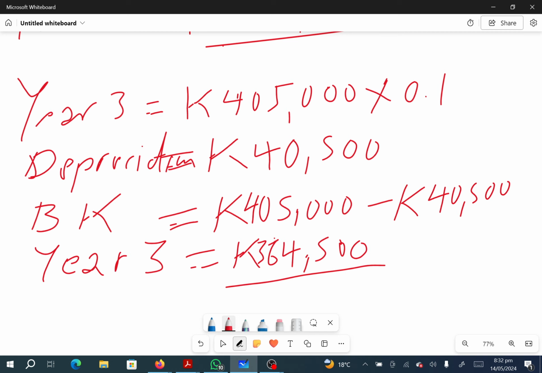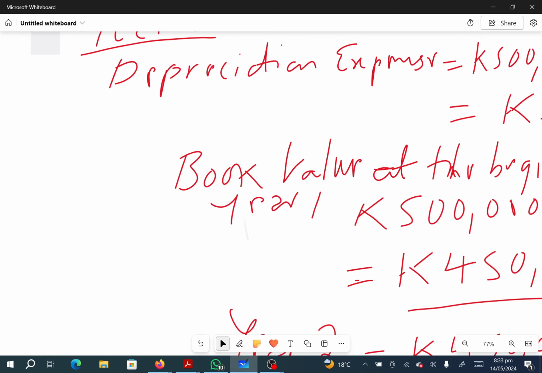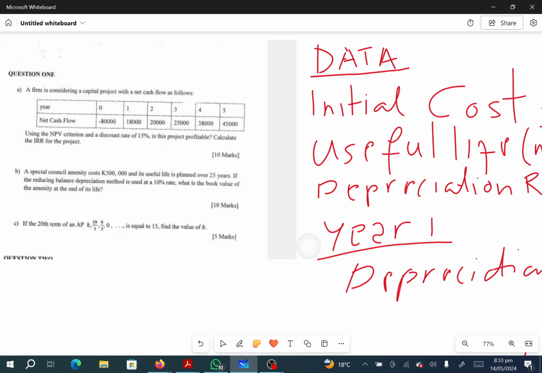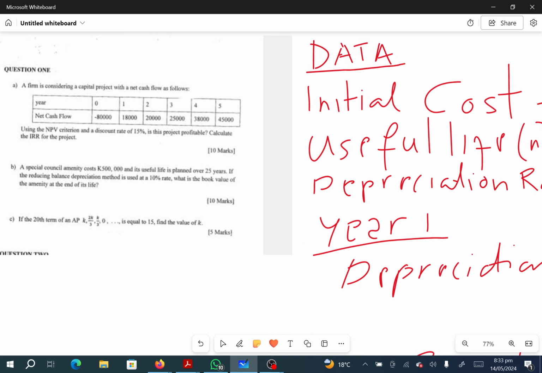Now if you look at the question, it's telling us to calculate the book value up to the 25th year. Let me pick the question for you. The question is asking: what is the book value for the amenity at the end of its life?